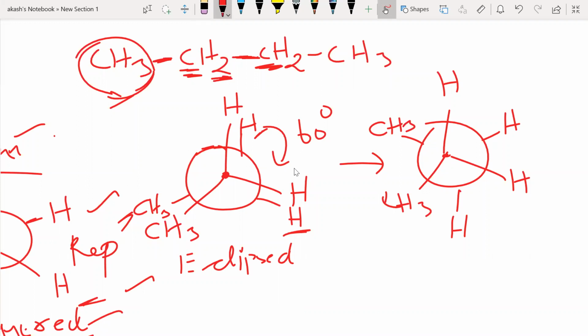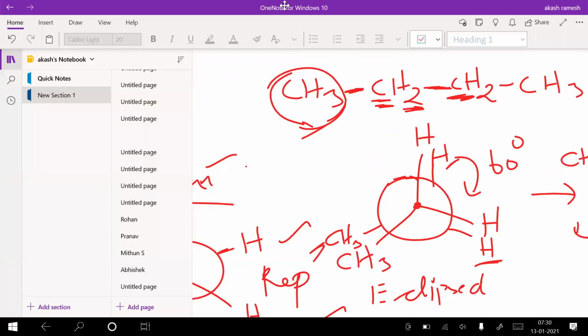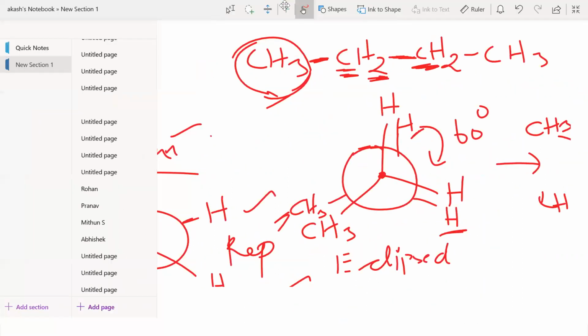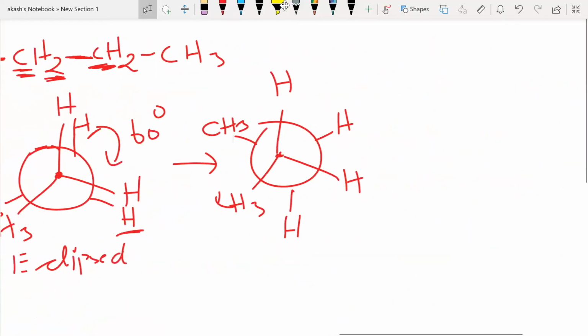But can I call this the staggered structure? Can I call this staggered? Okay, let us take a vote. Let me show you the structure first. Okay, right.